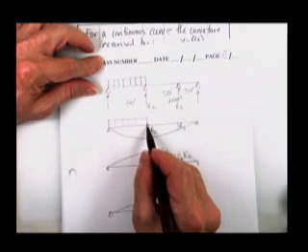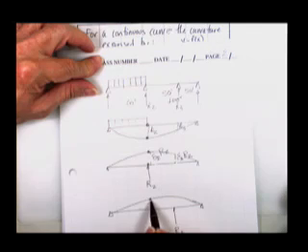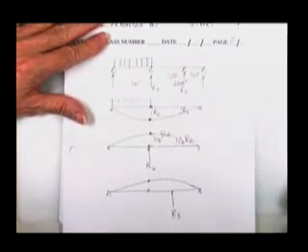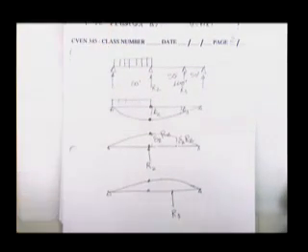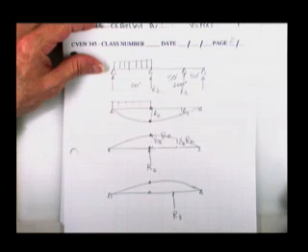Since you only are interested in deflections here under various and sundry loadings, then I would say this double integration method probably wouldn't be your first choice. If on the exam they say solve for the deflection as a continuous function of x from the left end to the right end, then you're stuck. You gotta do it.